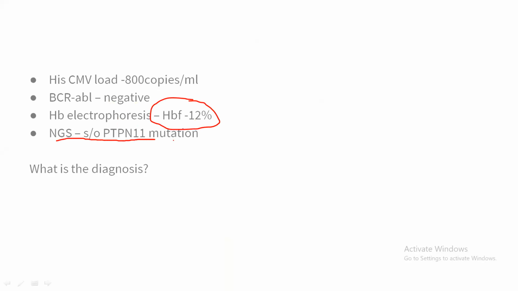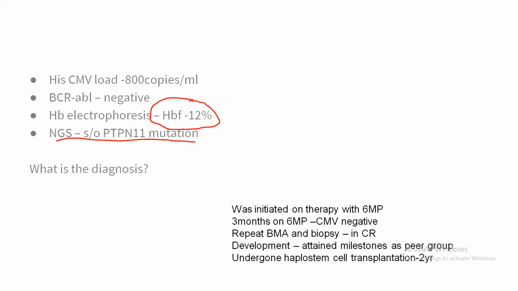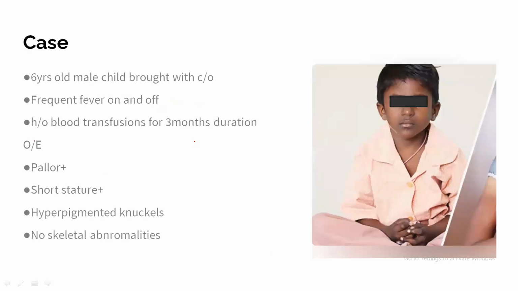And NGS, of course, he had a PTPN11 mutation. Probably we might know that in Noonan syndrome we usually see the PTPN11 mutation. So this child has JMML with PTPN11 mutation. We gave a couple of months of 6-mercaptopurine, and then we transplanted him. Now almost 2 years post-transplant.